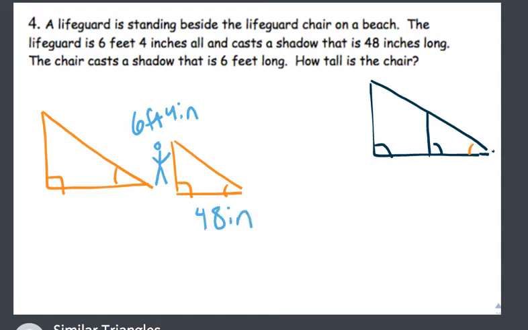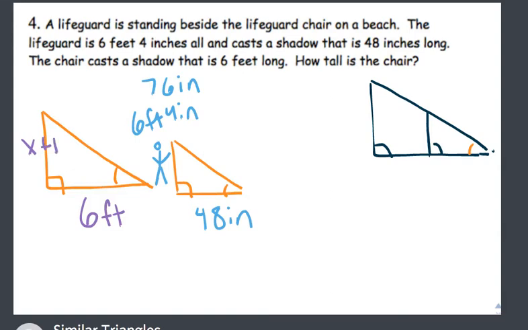The problem with this is that the person and the shadow need to have the same unit. So 6 feet 4 inches is 76 inches total. So we might convert the person's height to 76 inches. Then the chair casts a shadow that's 6 feet long. We want to know how tall the chair is.